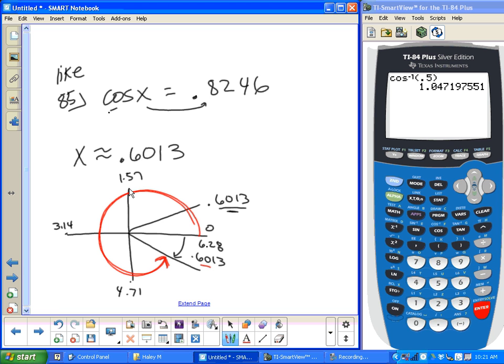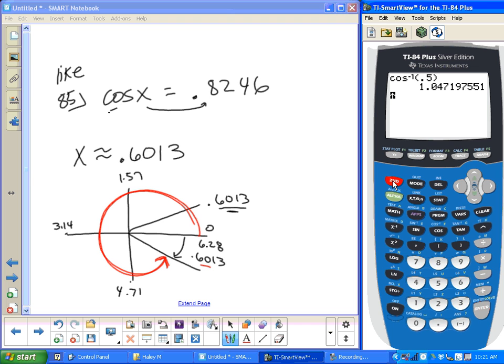Now I got to get that number coming back up on my calculator. Hang on. So I'm going to inverse cosine of 0.8246. All right, so there's that 0.6 some number. So I'm going to say 2 pi minus, yes.